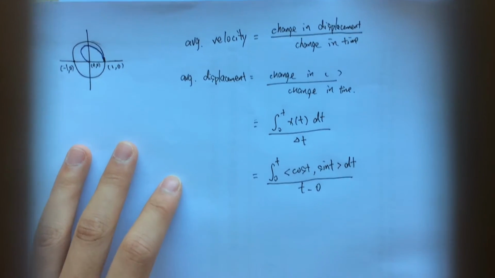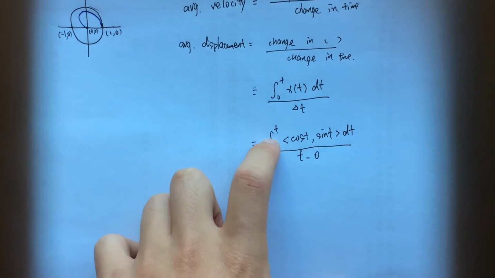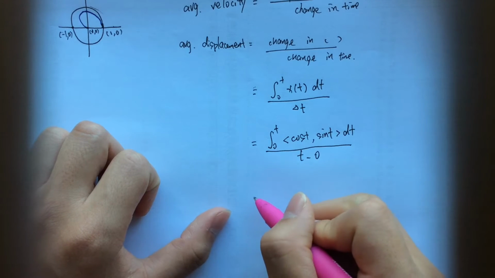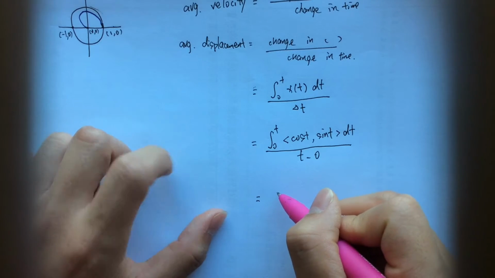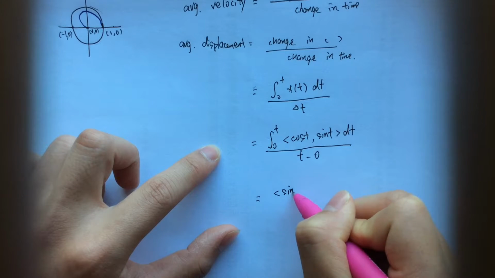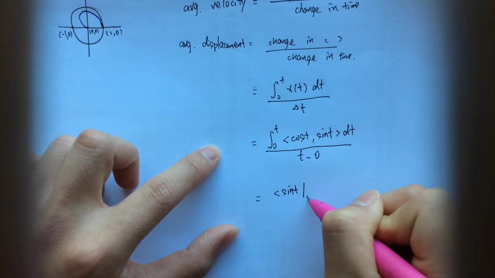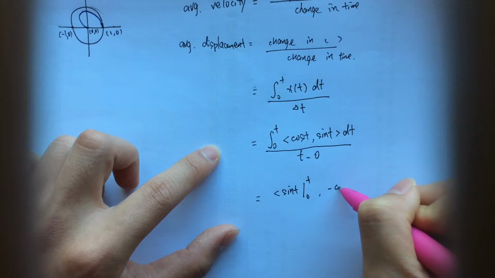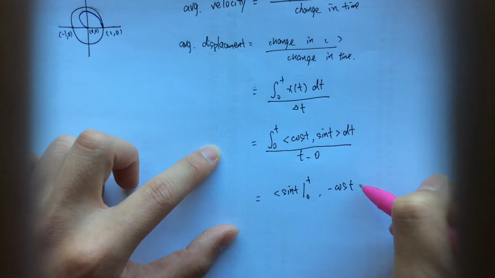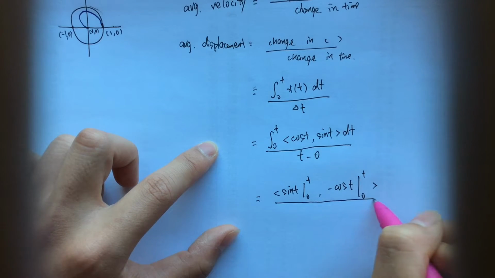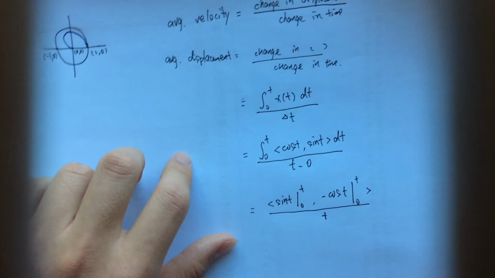Okay, in order to solve this, we need to take the antiderivative of our function, which is equal to sine t, evaluated from 0 to t, negative cosine t, evaluated from 0 to t, over t.